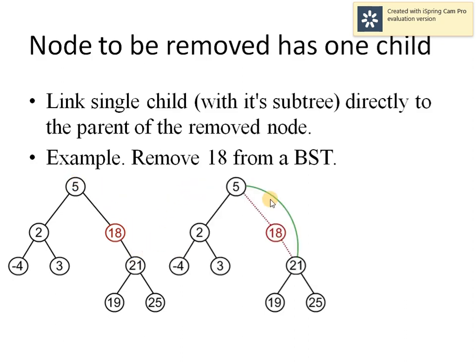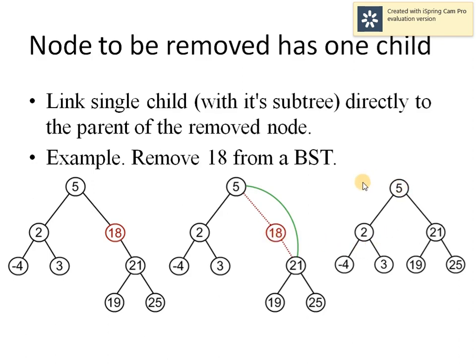That means we have to create this link. The right of 5 should be set to 21, and if we are maintaining a parent pointer, then the parent of 21 has to be set to 5. Once we have created this link, we can delete the node by releasing the memory occupied by it. After the deletion, the structure of the tree gets converted like this.